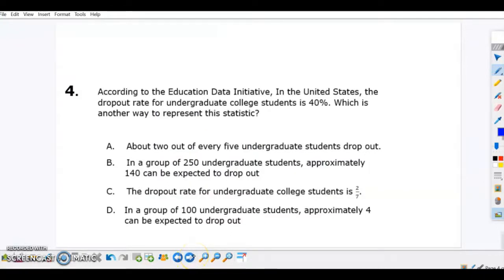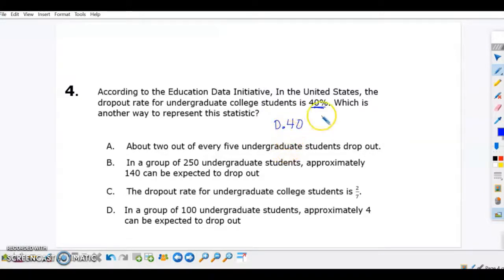Now, number 4, the dropout rate for undergraduate students is 40%. It asks which is another way to represent this statistic. We can write that as a decimal. What would 40% be as a decimal? That would be 0.4 or 0.40.